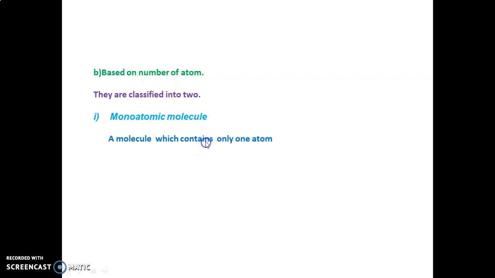Monoatomic molecule: a molecule which contains only one atom. Examples: all metals, and noble gases like helium, neon, argon, etc. All metals are monoatomic because they contain only one atom.